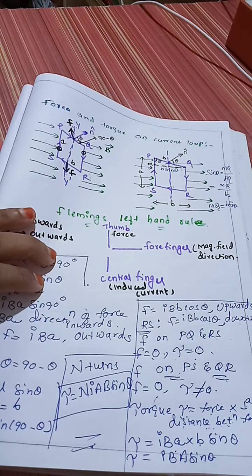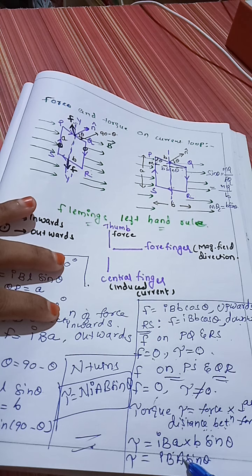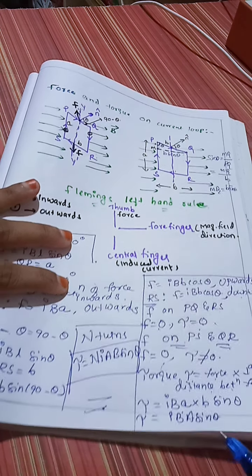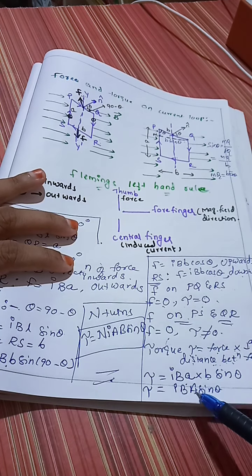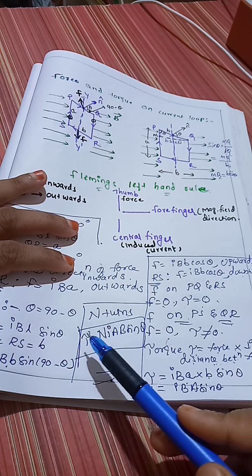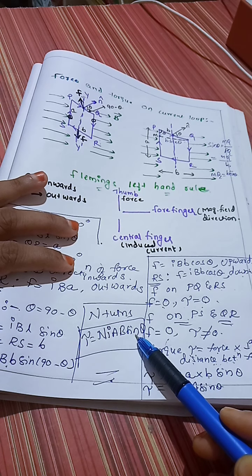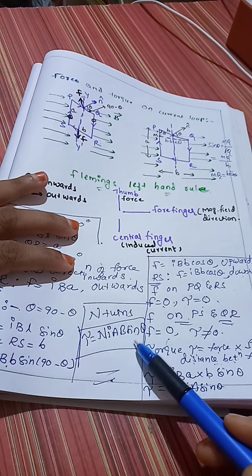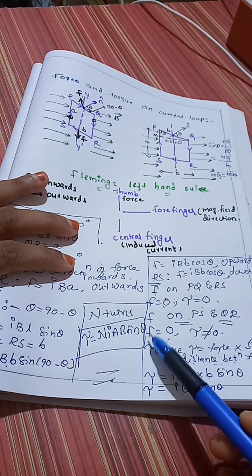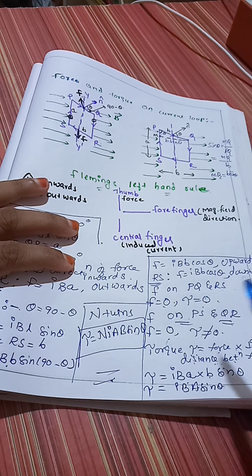So substituting the value, IBA cross B sin theta. But AB is nothing but the area of cross section of the rectangular loop. So the torque is IBA sin theta, where A is the area. If N turns are present, the torque equation becomes NIAB sin theta, which is the required torque acting on a current carrying loop placed in a magnetic field.